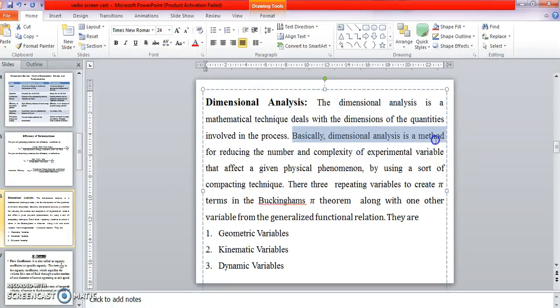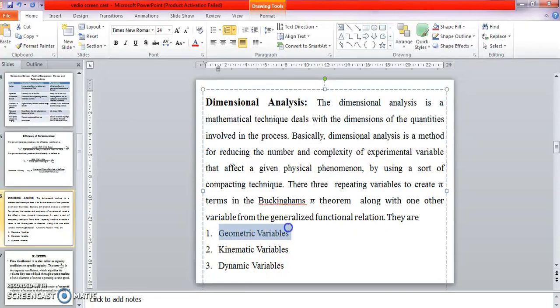In this method, for reducing the number and complexity of experimental variables that affect the physical phenomena, we use a sort of contracting technique. There are three repeating variables used to create pi terms in the Buckingham pi theorem. These three repeating variables involve one other variable from the generalized functional relation. First we are going to consider geometric variables, kinematic variables, and dynamic variables.